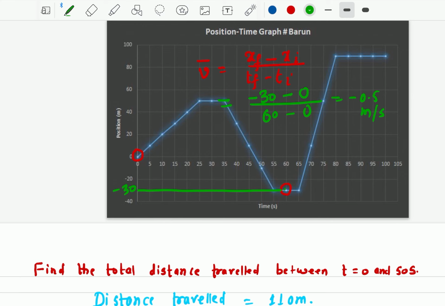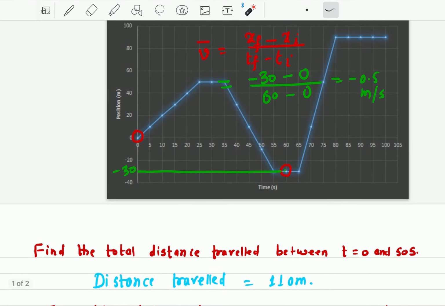So the average velocity between these two points is -0.5 meter per second. And this makes sense because if you look at the final position of the object, it is on the opposite side here. So that is the average velocity.